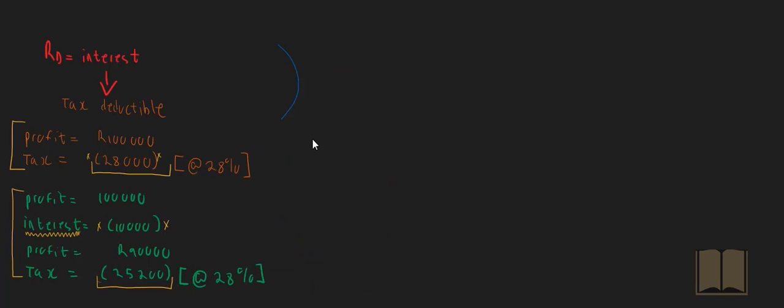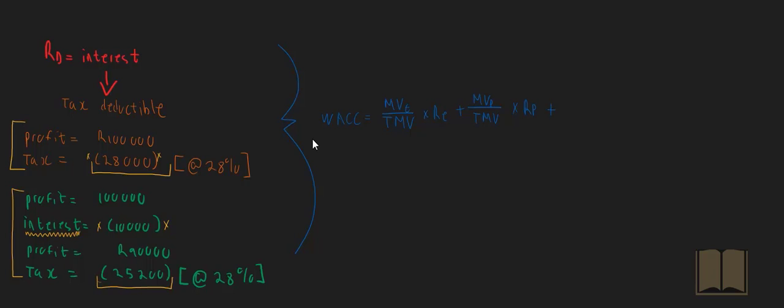So now, taking this into consideration, your weighted average cost of capital is calculated as follows. It's the market value of your ordinary equity divided by the total market value of all your capital, multiplied by the return required by your ordinary shareholders, plus the market value of your preference shares divided by the total market value, and again multiplied by the return required by your preference shareholders.